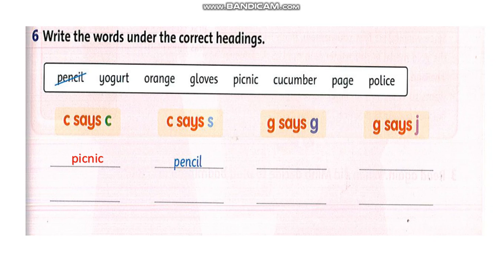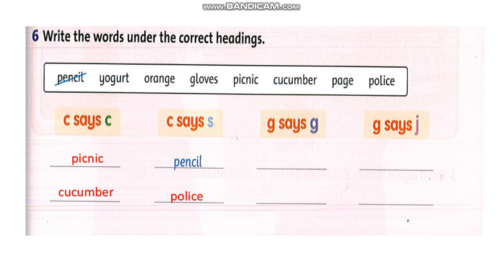We say picnic and cucumber. Good job. And C says S. We have the word pencil. And which other word says S? Police. Yeah, good job.